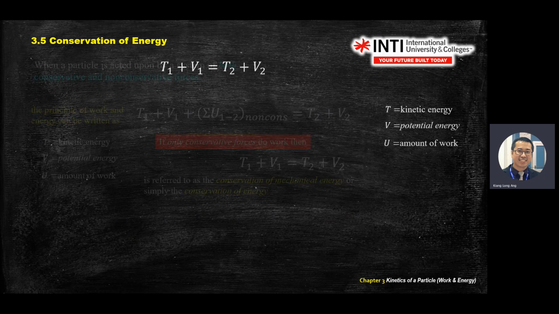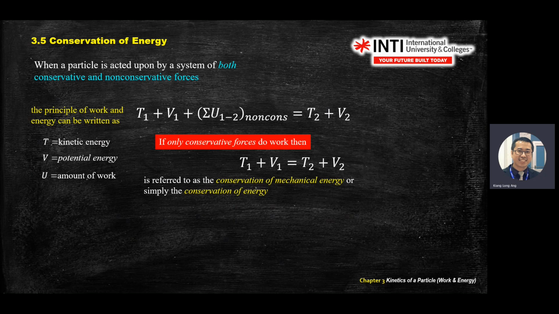Your equation will arrive just like this. You only look at what changes in the kinetic and potential. So kinetic before must balance with all the kinetic plus all the potential at the end of the station. This equation is called the equation of conservation of mechanical energy, or conservation of energy.